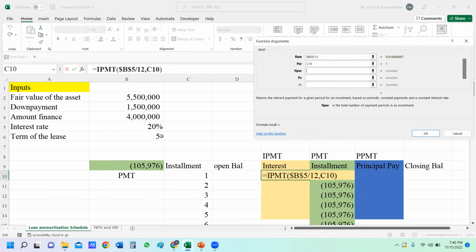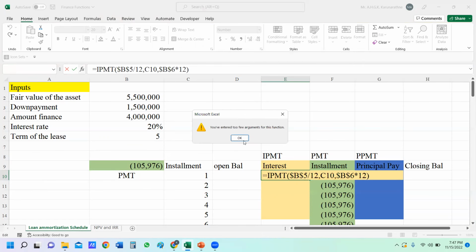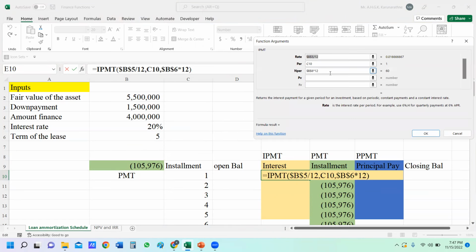NPR means the number of terms or the number of years, make it constant, multiplied by 12, because the number of payments should be 60. Then present value is the amount you finance. It is here, and make it constant by pressing the F4 key. That's it.